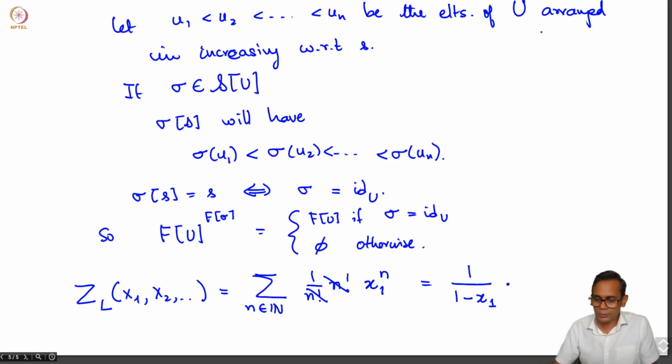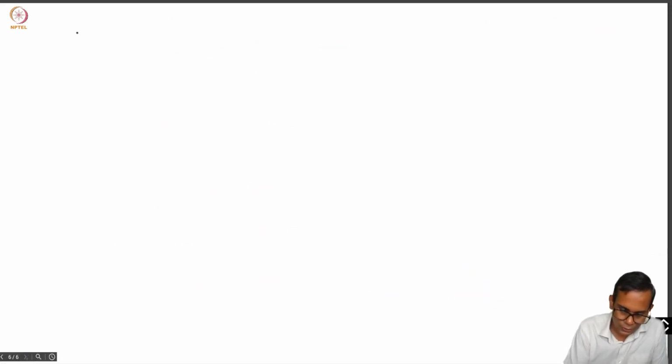Now let's compute the cycle index series for the species of permutations.